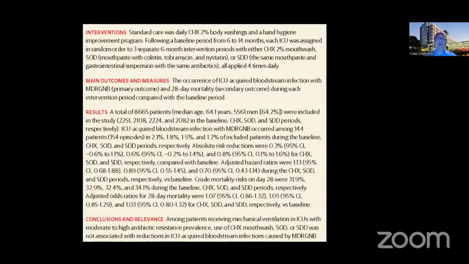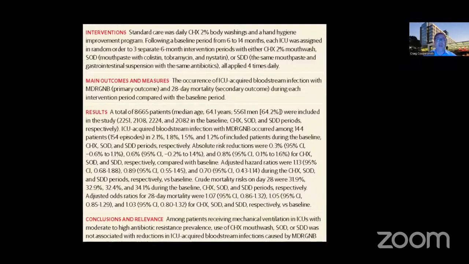So standard care was chlorhexidine, body washings, hand hygiene, and then each ICU was assigned in random order to 3 separate 6-month interventions with mouthwash, standard oral decontamination, which is a mouth paste with colistin, tobramycin, and nystatin, and standard decontamination of the digestive tract, which is the same mouth paste, but also a gastrointestinal suspension with the same antibiotics, all applied 4 times a day.